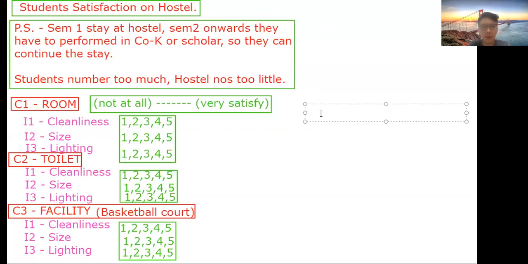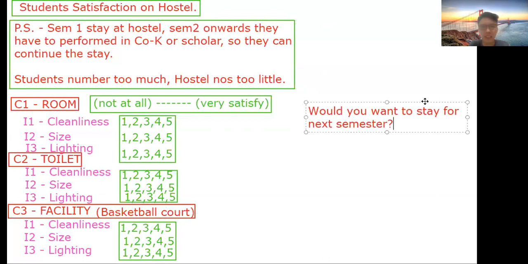I asked about, would you want to stay for next semester? I want to know student satisfaction, their experience.